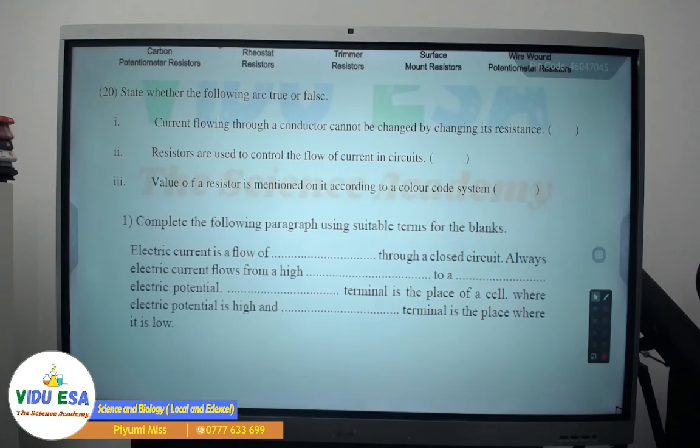Name four instances where permanent magnets are used. Yes, Tehan. In loudspeakers. Yes. Sasna. Door of the refrigerator. Okay. Bags, door locks.